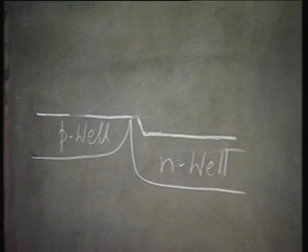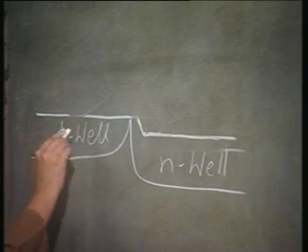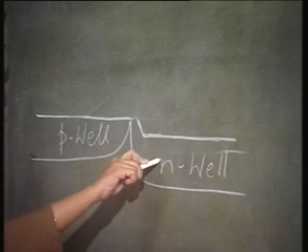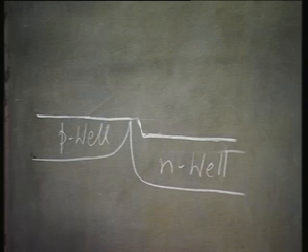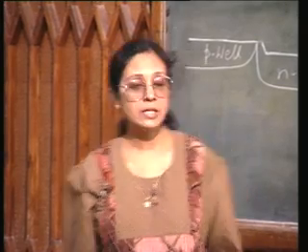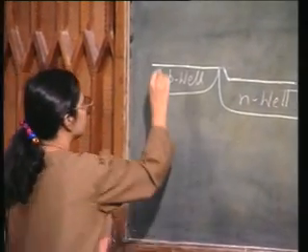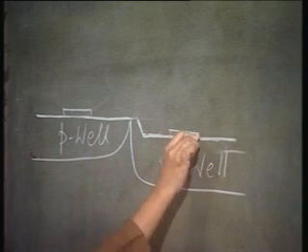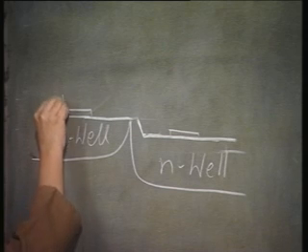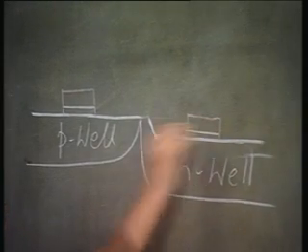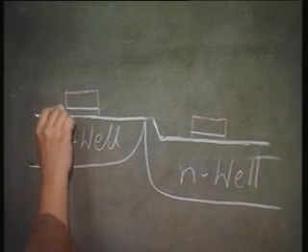So, you know the region where you are going to form your N MOSFET and the region where you are going to form your P MOSFET. What is going to be the next step? The next step is your active area definition. So, again you form a low cost mask, and then carry out the thick field oxidation.